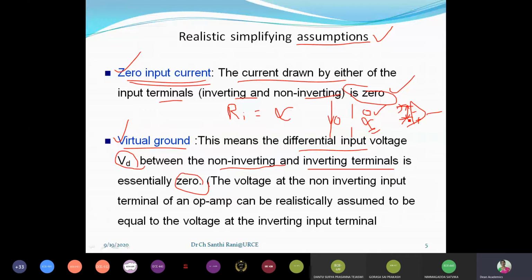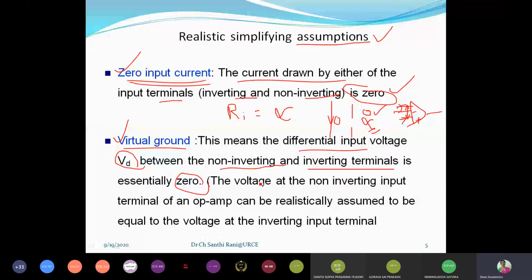And not only that, the voltage between the inverting and non-inverting input terminals is zero. Zero potential means at ground potential, or reference potential. That's why we also call this the virtual ground concept.